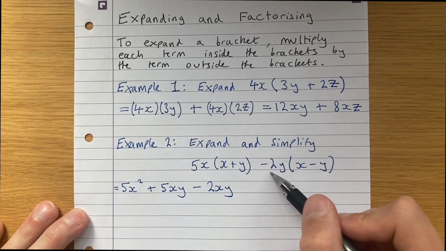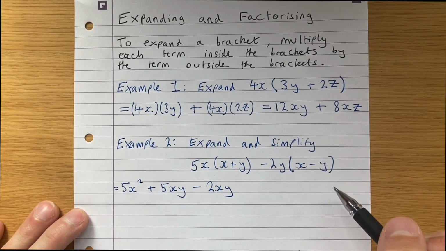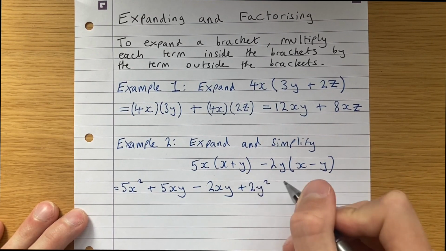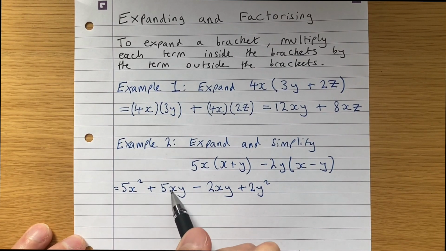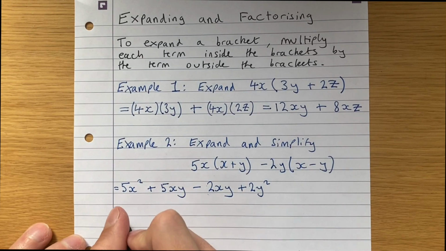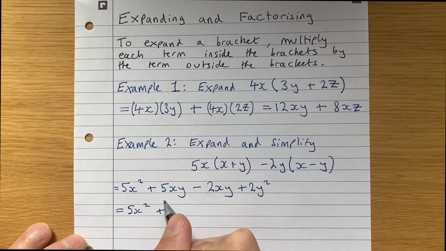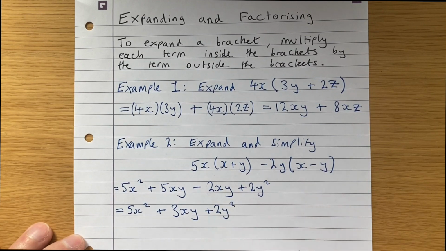And again, minus 2y times minus y gives us a plus 2y squared, because a minus times a minus makes a plus. We can simplify this because here we have 5 lots of xy, and here we have minus 2 lots of xy. So we can simplify this to 5x squared plus 5 minus 2, so 3xy, plus 2y squared.